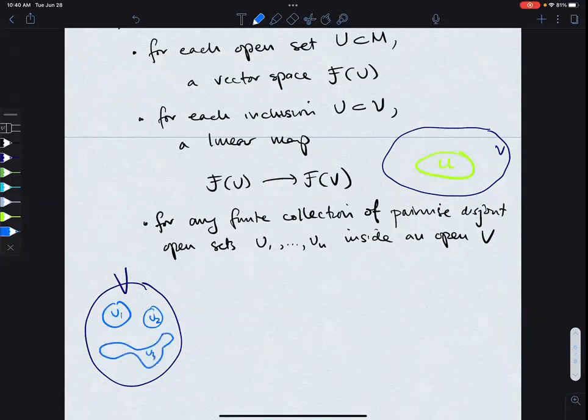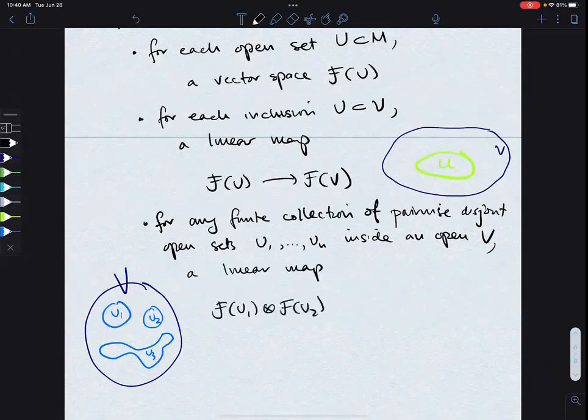There's a linear map from F of U1 tensor F of U2 through F of UN to F of V.